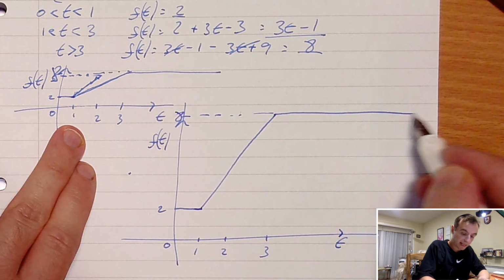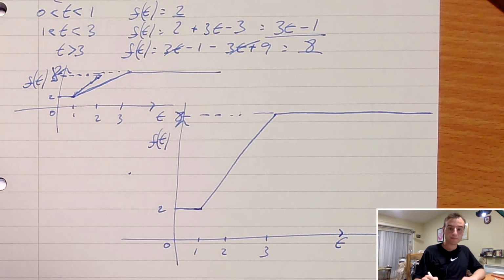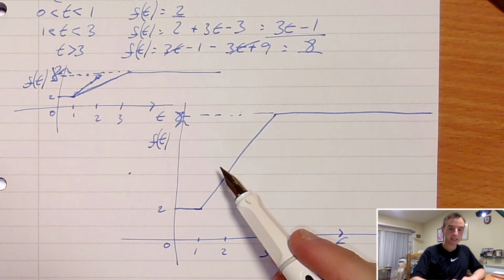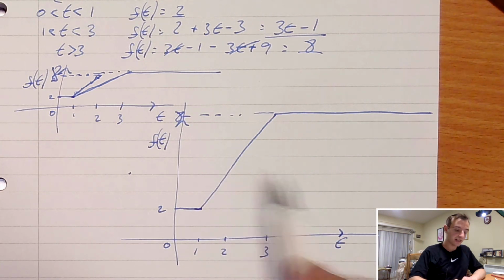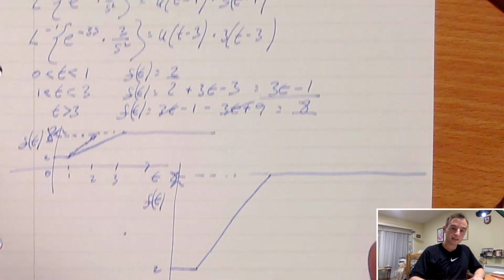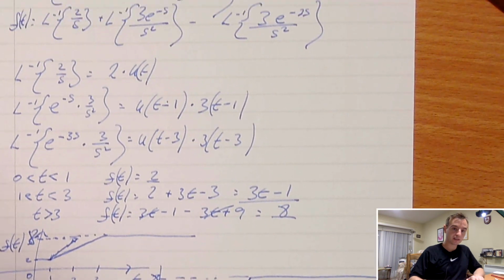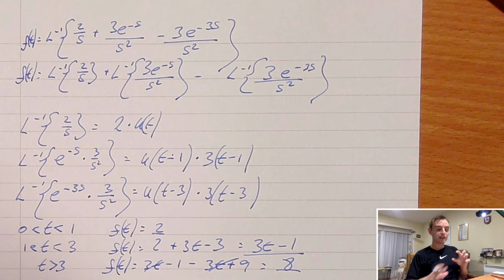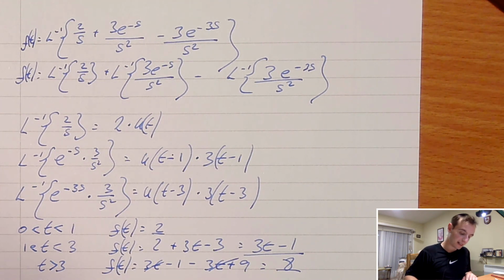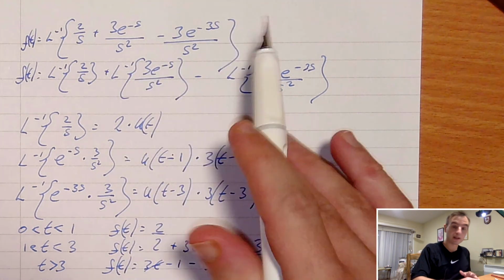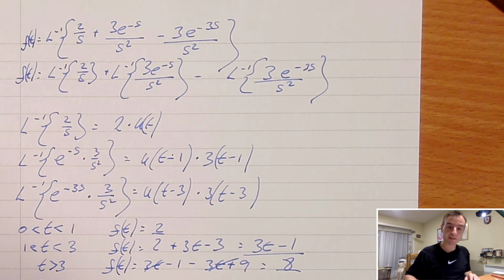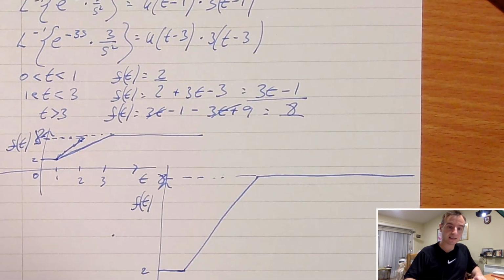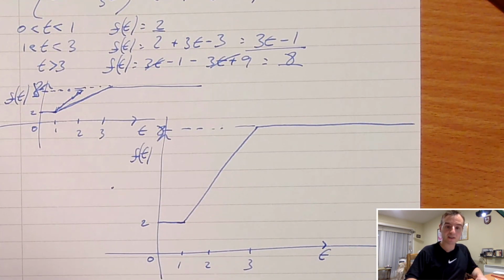And then it's going to remain at 8. It's always nice to have some kind of sense of scale to the function, and that's f of t. So you can see how we worked out what the function looks like when you have functions that turn on and off at different points. And that's what the inverse Laplace transform allows you to do with the second shift theorem. So you can see from there how we got a function that looks like this, which I think is quite nice.